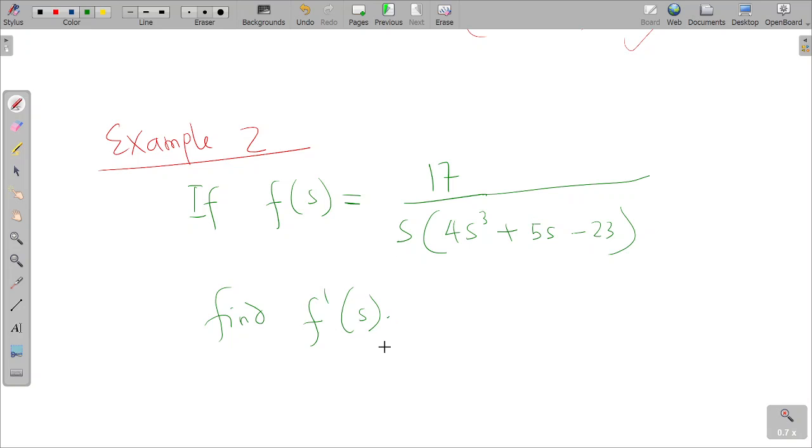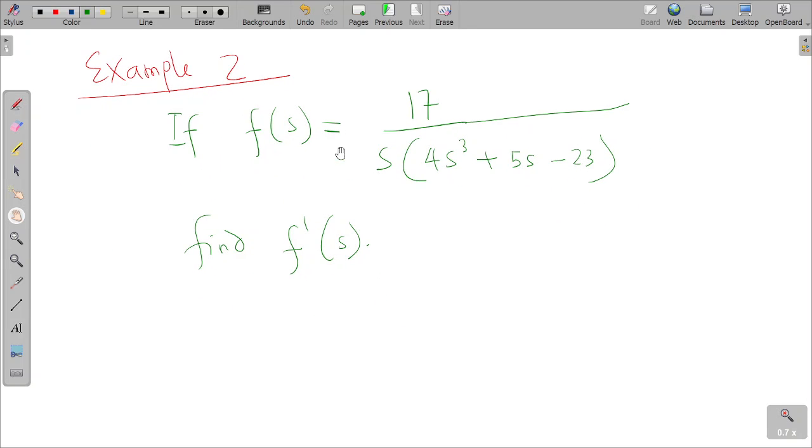Again, don't forget that this is f of s, not x.